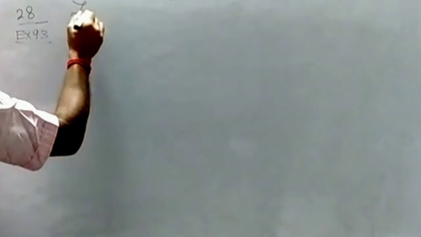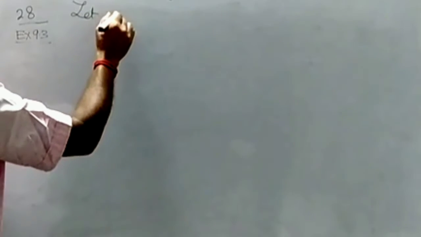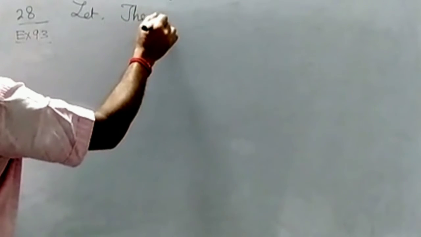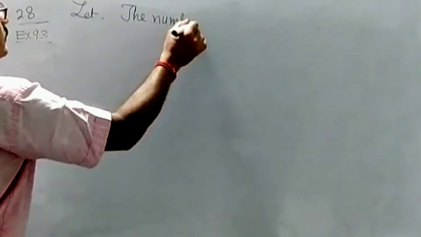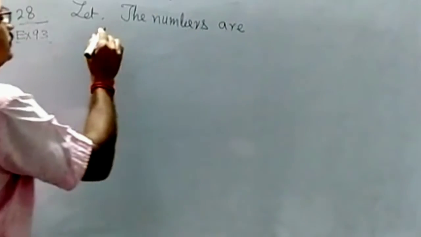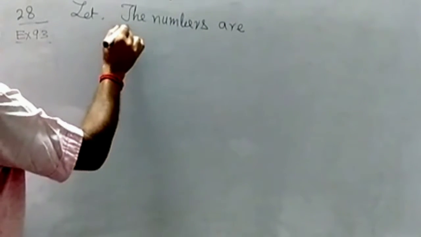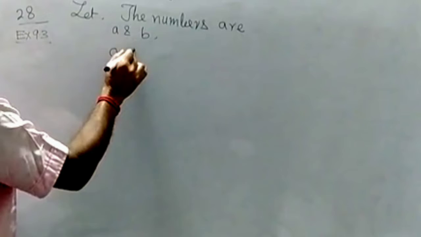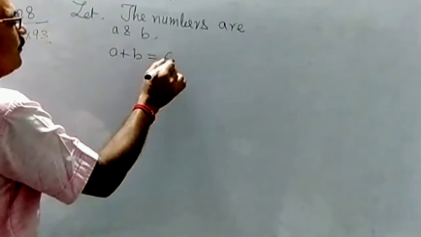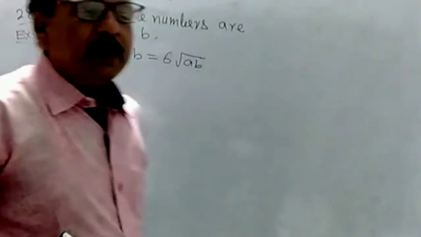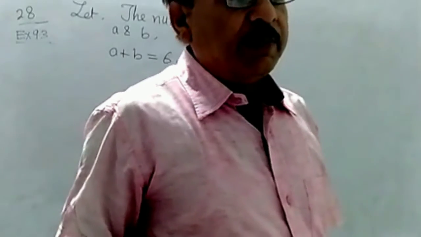Let the numbers be a and b. The sum of two numbers is 6 times their geometric mean. The geometric mean of these two numbers is root AB.